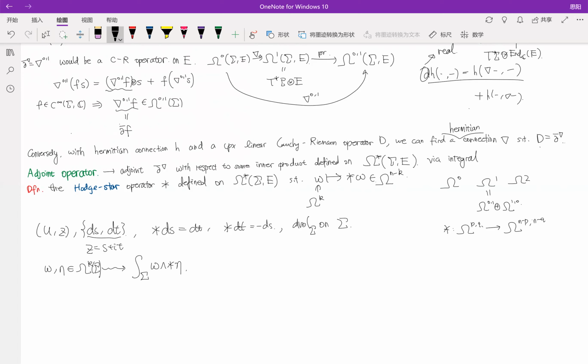This gives a pairing, and we know that in Serre duality, this pairing is used to define the non-degenerate bilinear pairing to obtain the isomorphism between one cohomology and the dual of another cohomology.